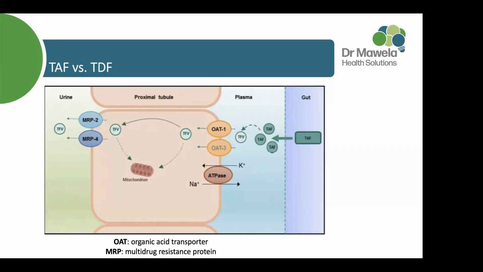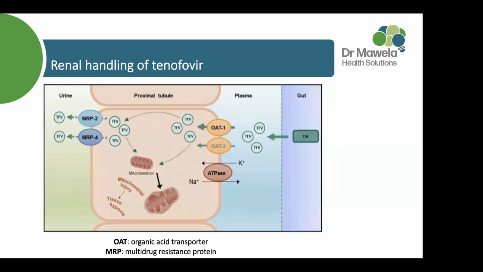Therefore, you get smaller concentrations in the tubule. Yes, there might be some mitochondrial toxicity, but it's not common because you are able to get the right concentrations there and it is excreted as needed. However, going back to TDF, you've got high concentrations in the plasma and in the cells, leading to mitochondrial toxicity. Then it becomes a chain leading to acute tubular necrosis.